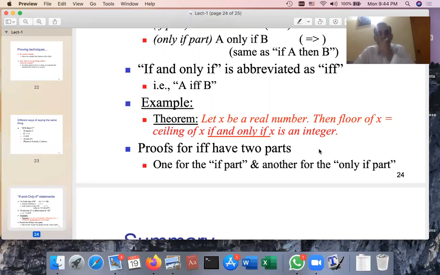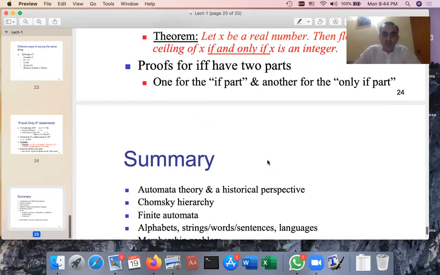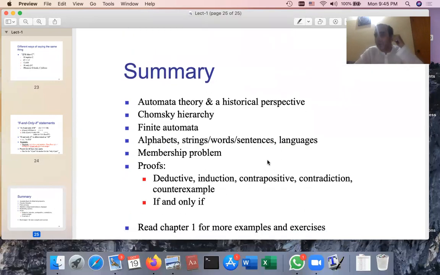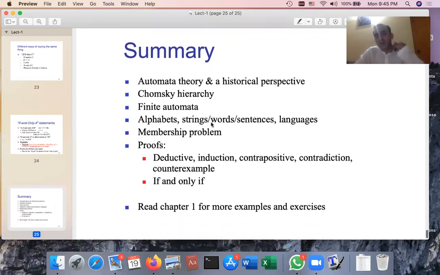This is the summary of our first introductory lecture, which was the introduction about different terms that can come in our course. We covered automata theory and historical perspective, the Chomsky hierarchy, finite automata, and proofs.